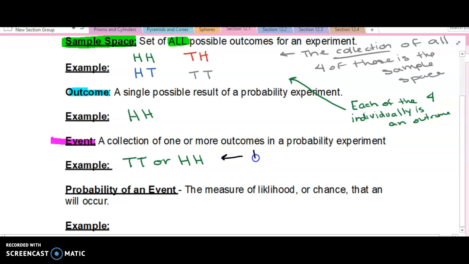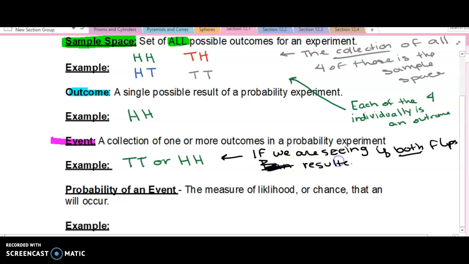So this would be the event if we're seeing if both flips resulted in the same side. Tails, tails, or heads, heads would be the event.